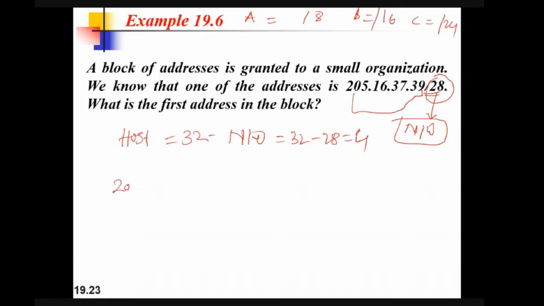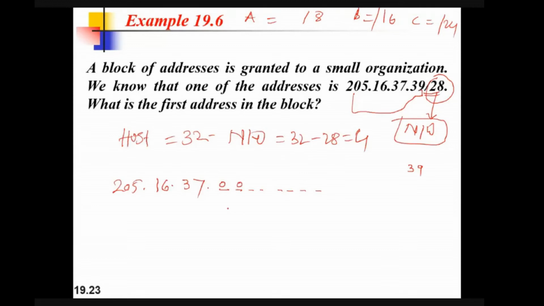So 205.16.37 will be the same, it will not change. Up to 37 it will be the same, and this 39 we will represent in binary notation. Let us draw 8 positions. 39 is lesser than 128, so this will be 0.